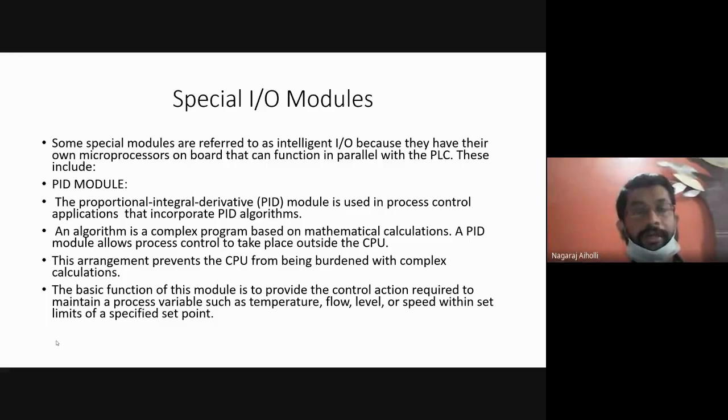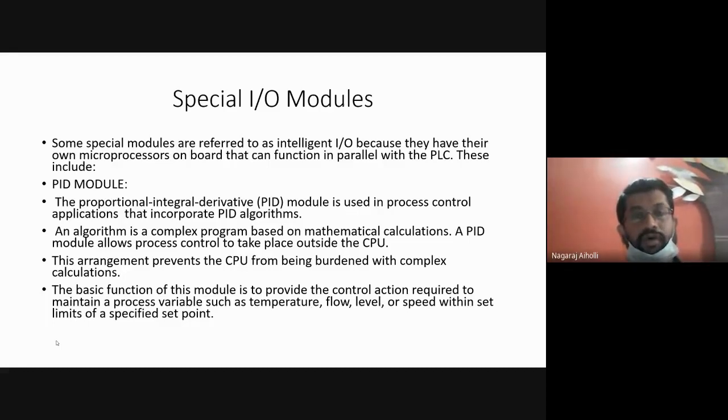To operate these PID modules, we have to write algorithms, just like the programs for controlling robot arms. We write programs meant to perform certain mathematical operations. These algorithms are stored in memory, and that is how the PID module operates.